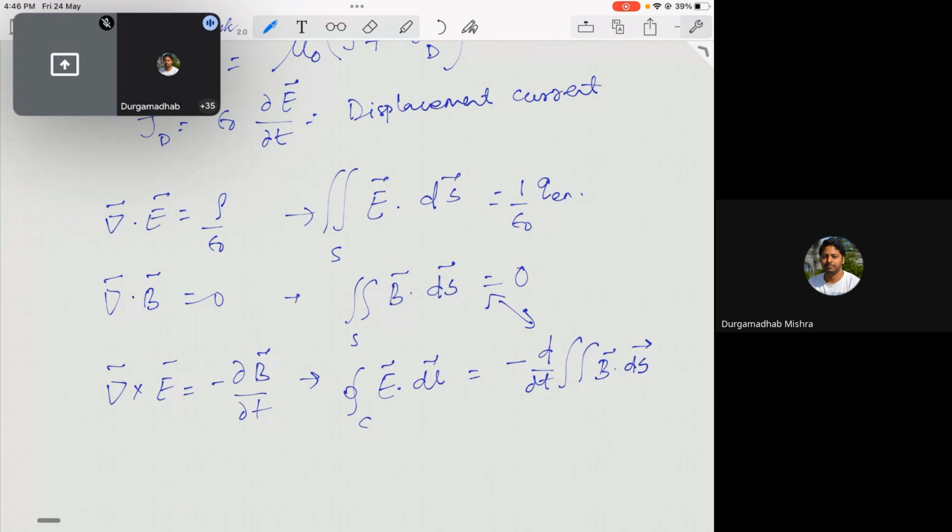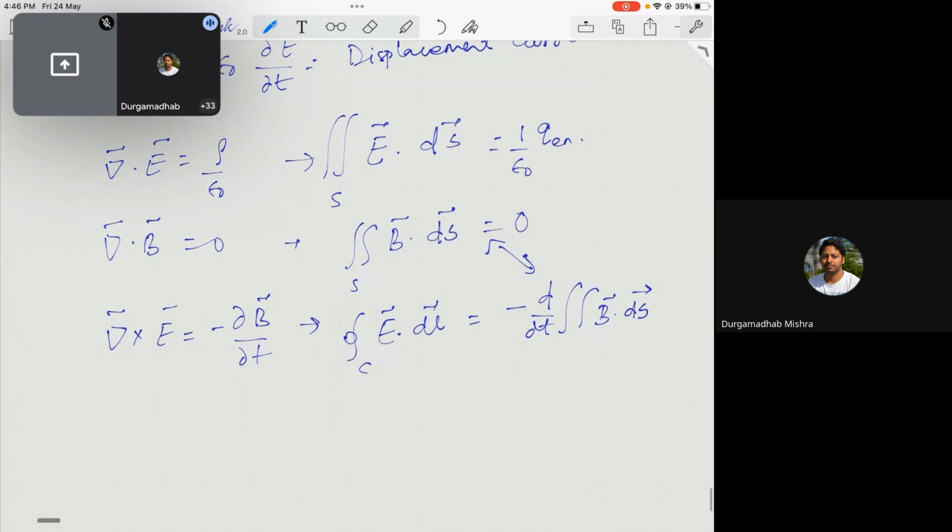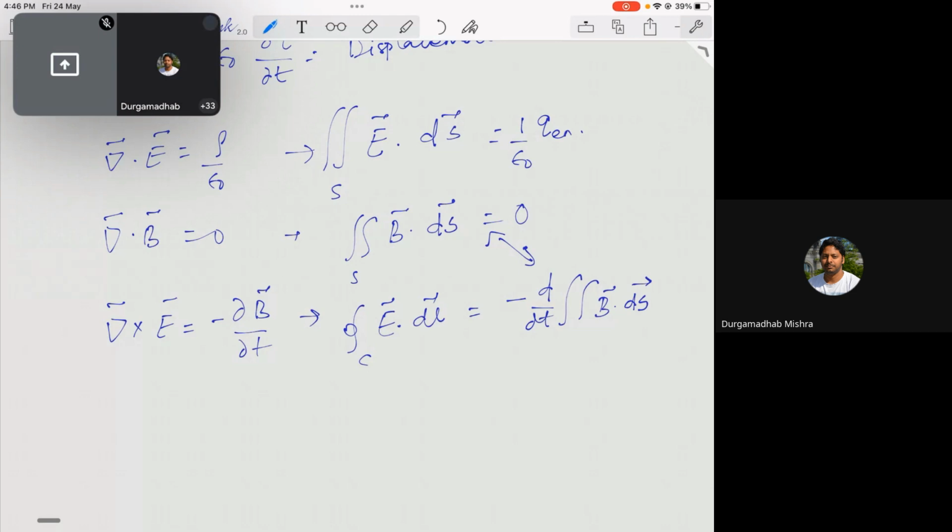Only if there is a uniform constant magnetic field produced due to a static or steady state current will this be 0. Otherwise it is not 0, because a changing magnetic field can produce an electric field. So you have to be careful when you write these equations, and you should know exactly what the situation is in which you want to apply them.